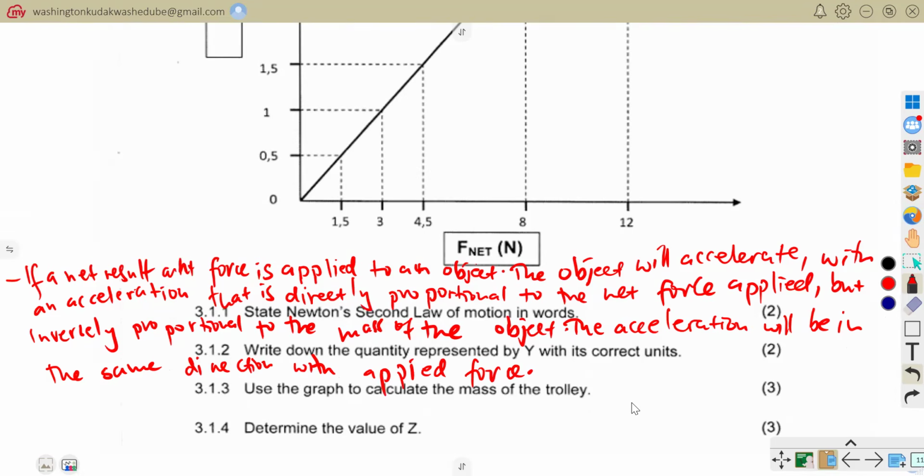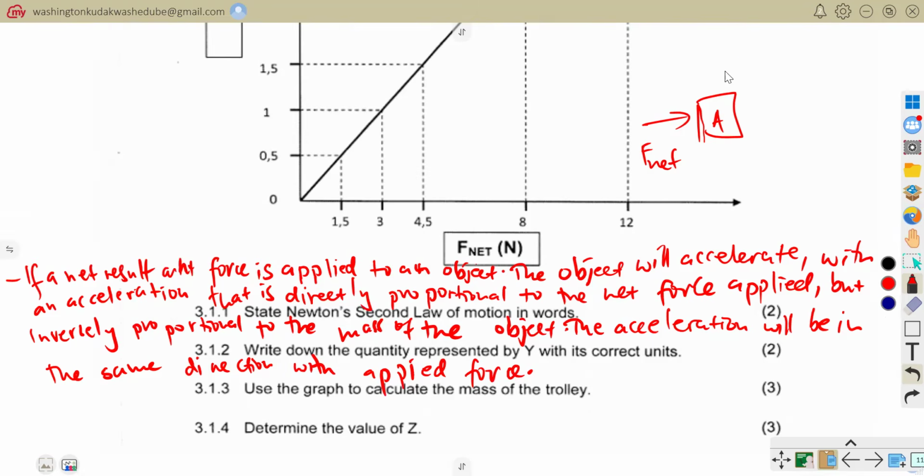So you would see that Newton's second law simply states that if a net resultant force is applied to an object, the object will accelerate. Let's say we have an object A and a net resultant force applied to it.